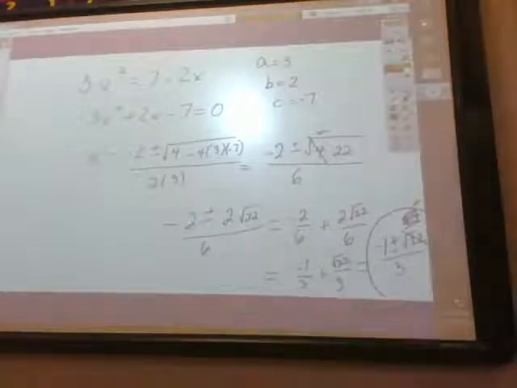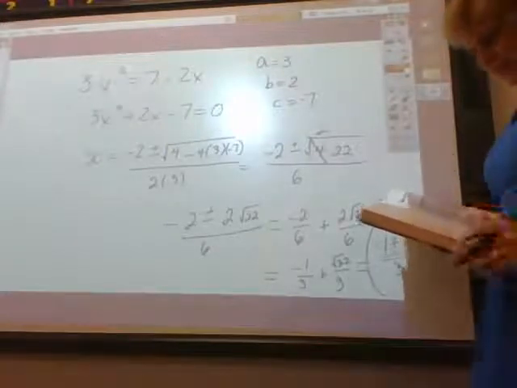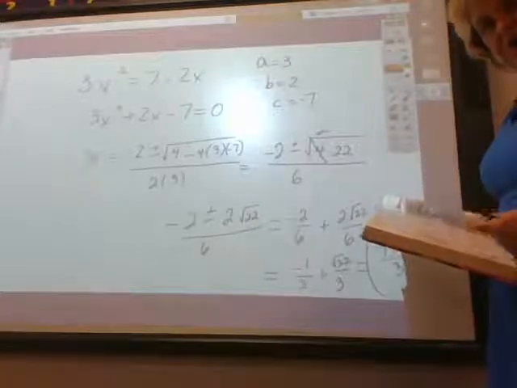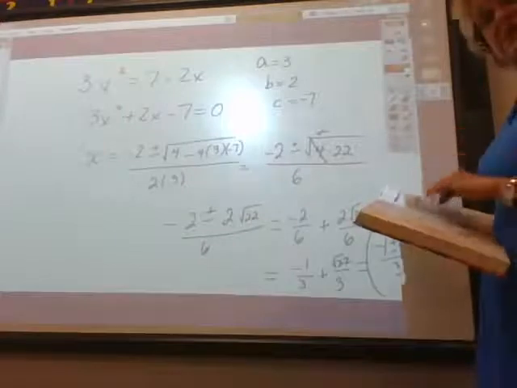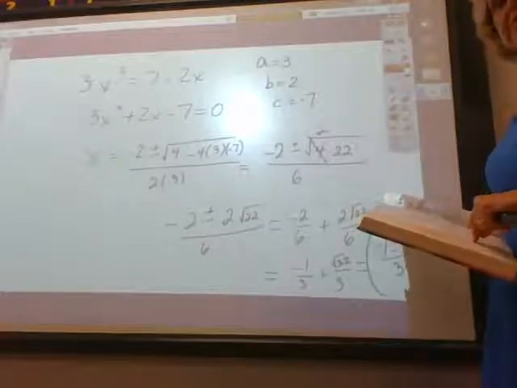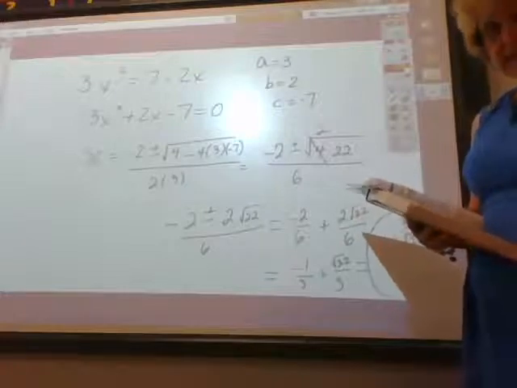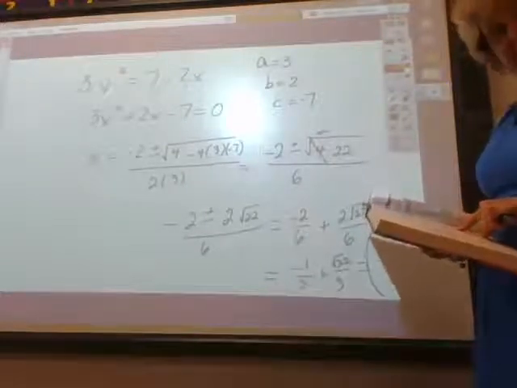So let's do another one. Let's do C and D, okay? And remember, they can ask you to solve using the quadratic formula. They can say use the quadratic formula to find roots, all right? They could say find the zeros, okay? So, like I said, let's do C and D. You do not have to get approximations.